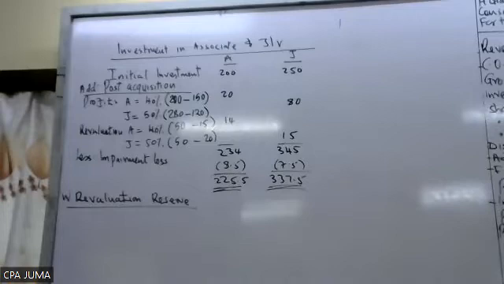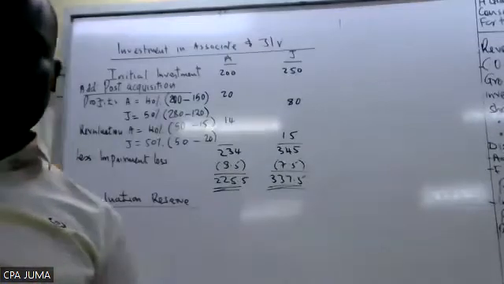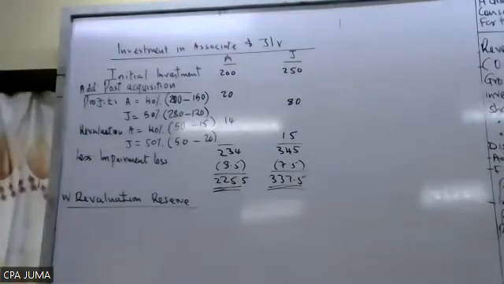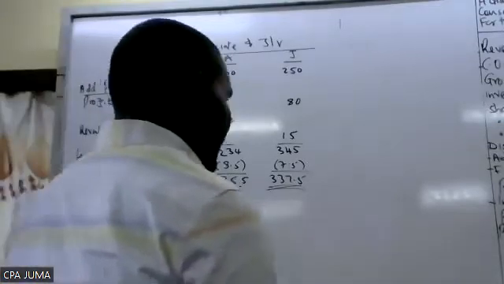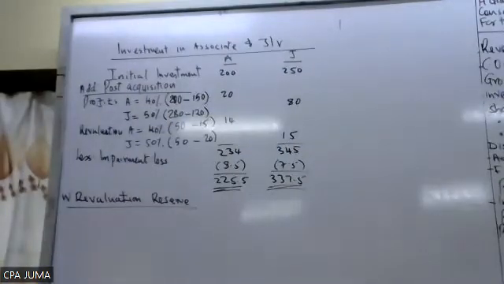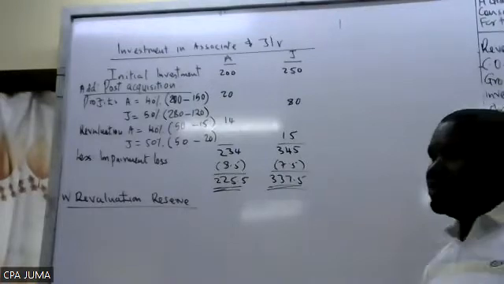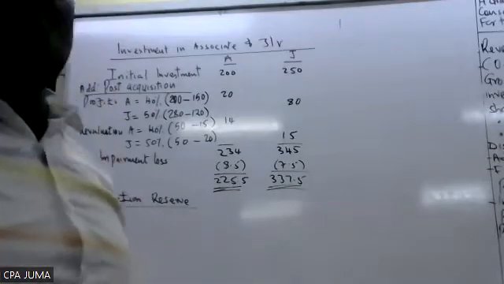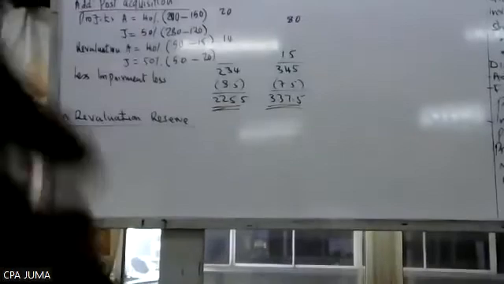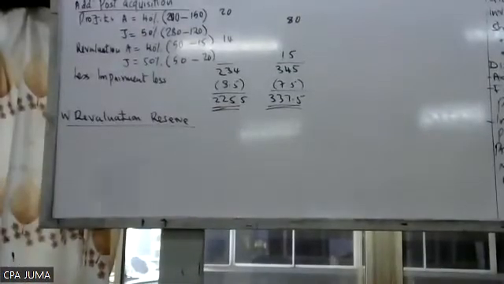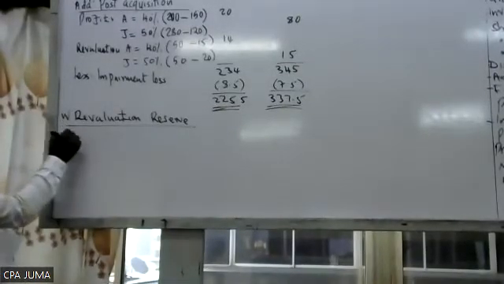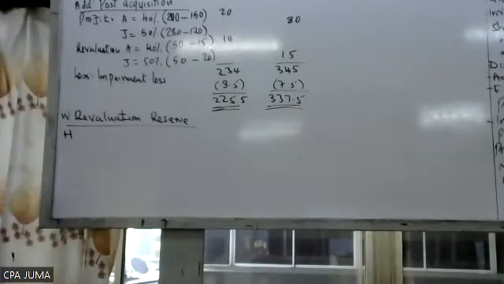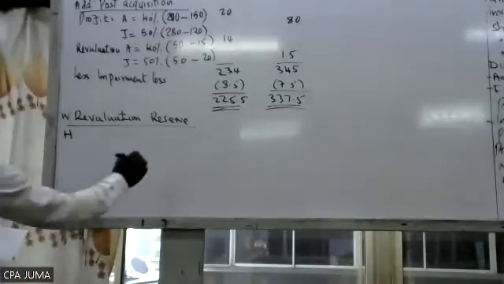Other working which we need to check on is revaluation. Can you check the balance sheet? I want to know the total consolidated revaluation. In the balance sheet, revaluation for H, bring all of them. For H, revaluation is 200.